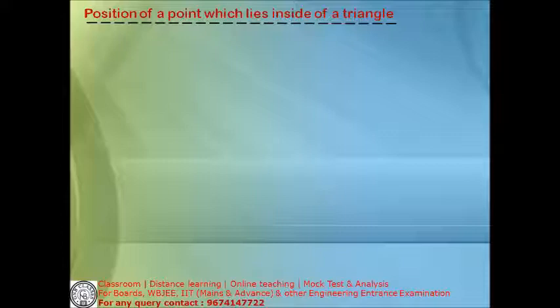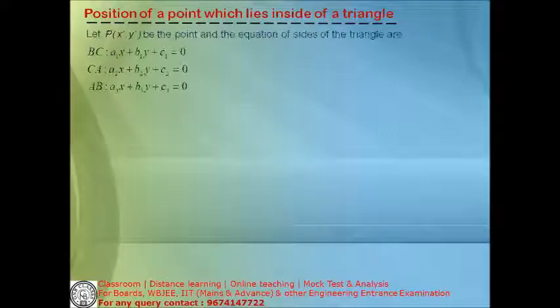Now I will discuss the actual way of finding out when the point is inside a triangle. Let us say x dash, y dash is the point which is lying inside a triangle whose three sides are given as: side BC is a1x plus b1y plus c1 equals 0, the side CA is a2x plus b2y plus c2 equals 0, and the side AB is a3x plus b3y plus c3 equals 0.